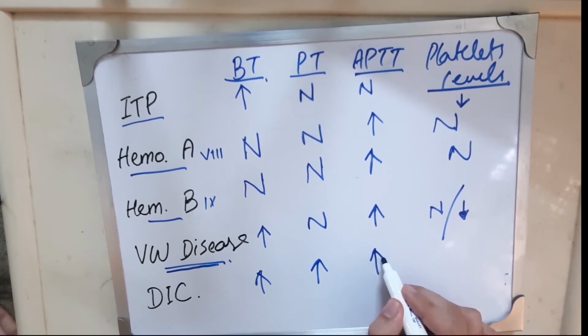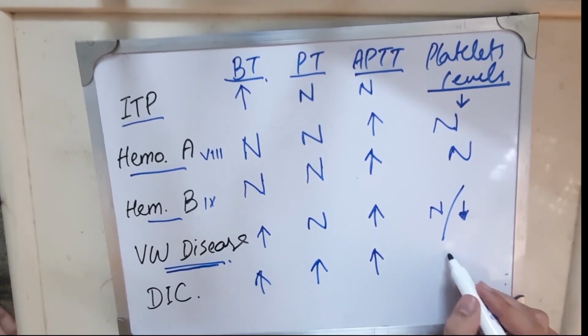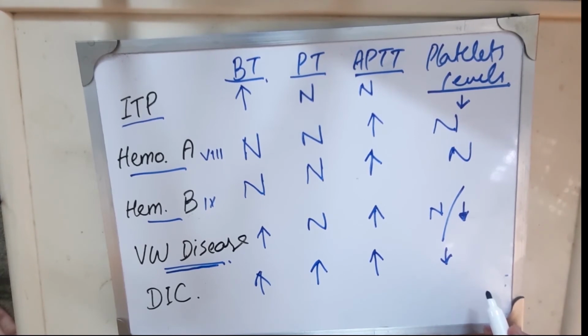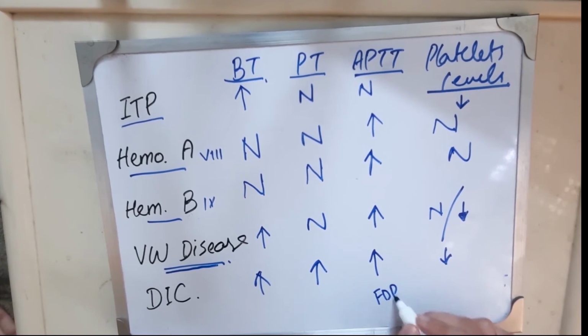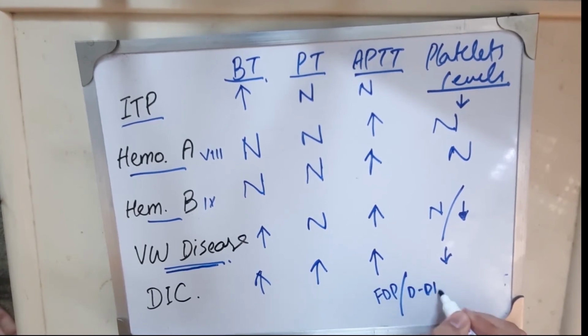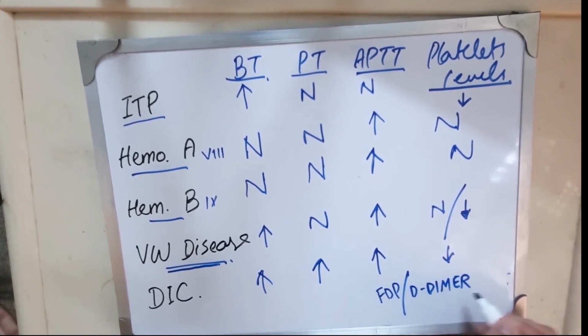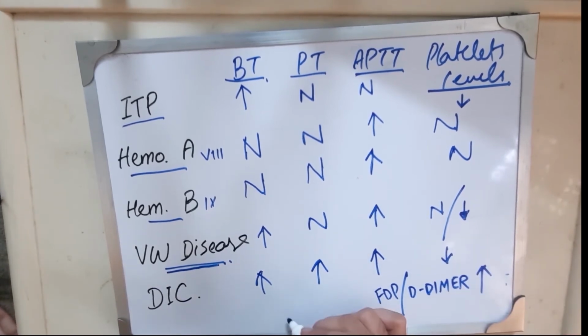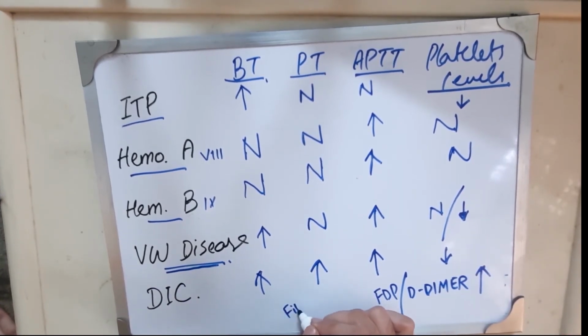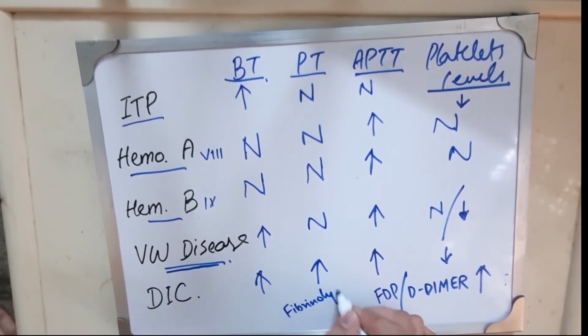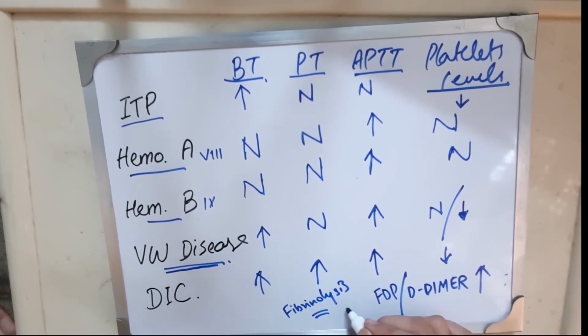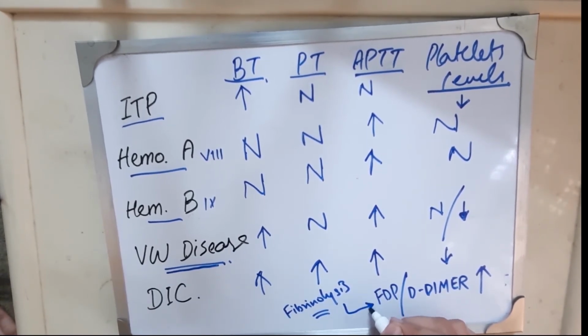APTT will be increased and platelet level will be decreased. Another important test in disseminated intravascular coagulation is fibrin degradation products or D-dimers. It is also increased because there is increase in fibrinolysis of the clots, which leads to formation of fibrin degradation products.